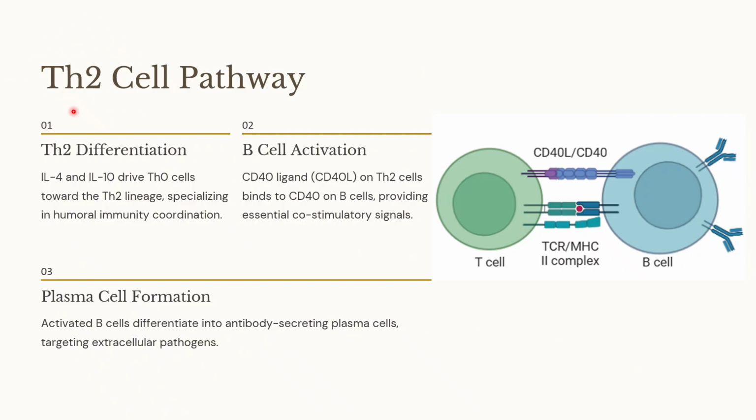The T helper 2 cells are formed when the T cell comes in contact with the B cells, through interleukin 4 and 10. Previously we saw interleukin 12 and interferon gamma are necessary for T helper 1 cell formation. But here interleukin 4 and 10 will drive the naive CD4 into T helper 2 cell differentiation.